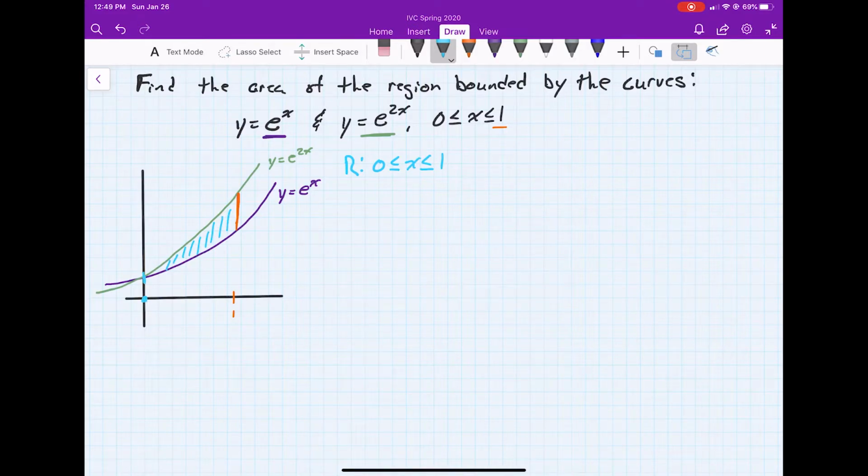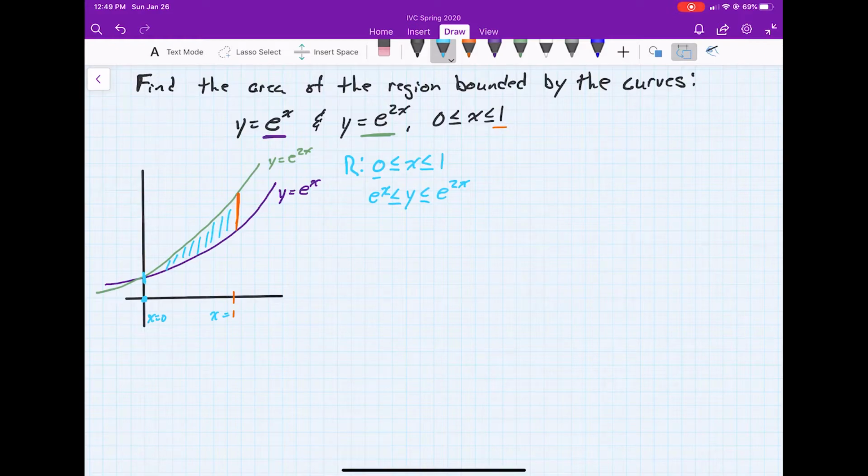And then we need to look at the top of our area, and this is x equals 0, and this is x equals 1. That's where I got those. So we need to look at the top of our region and the bottom of our region. We're going to go from the smaller number to the bigger number. So e to the x is the bottom, it's less than or equal to y, and then the bigger number, oops, this is supposed to be an x, e to the 2x.